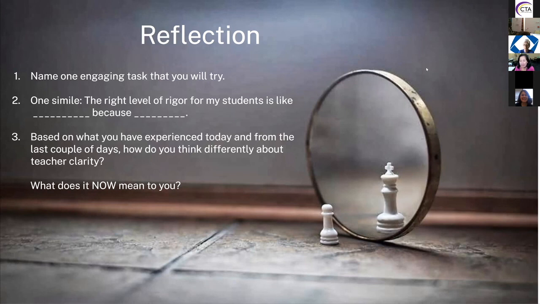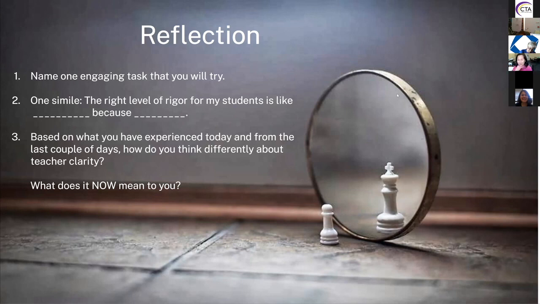Donna says she's going to try to aim for novelty. Charlotte is going to set clarity. Providing voice and choice. Choice boards. Rigor is like lifting weights. You just need to develop the right muscles. I love that.